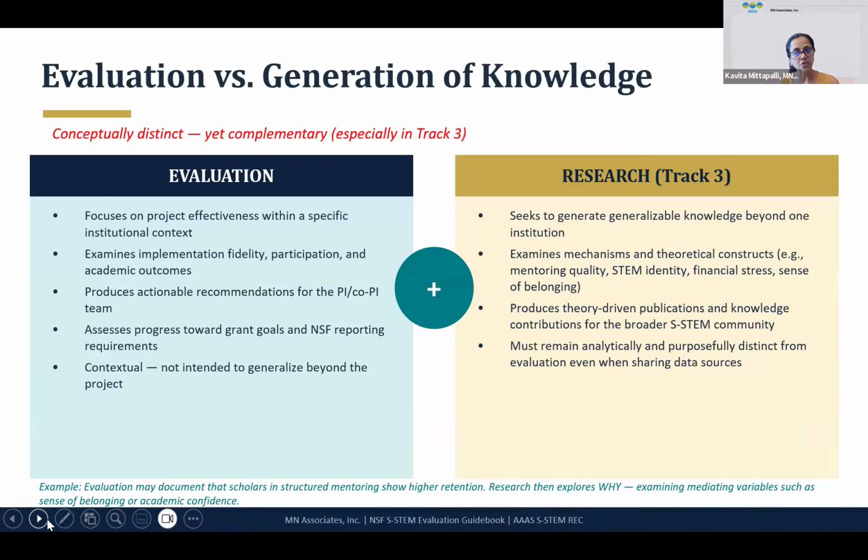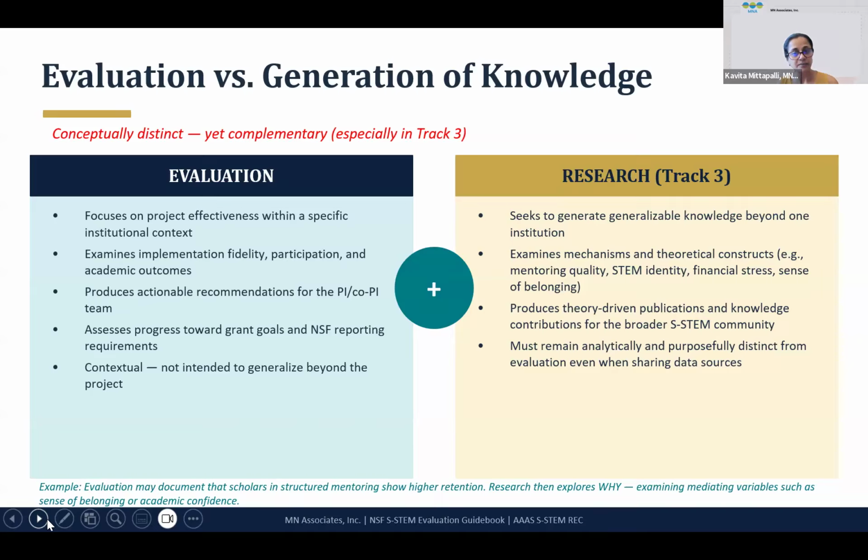So evaluation is documenting that scholars in structured mentoring show higher retention, while the generation of knowledge or research asks, why is this happening? So the GOK is exploring the mediating variables, such as academic confidence or the quality of mentor relationships.